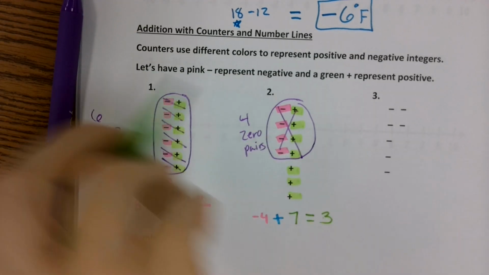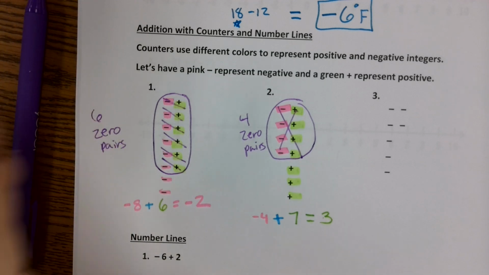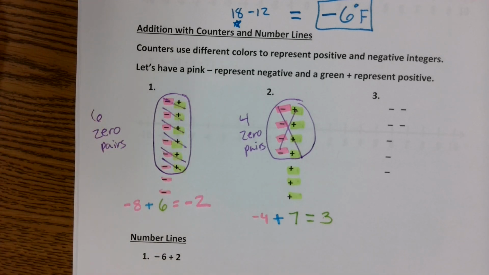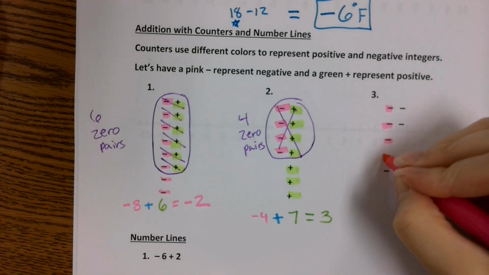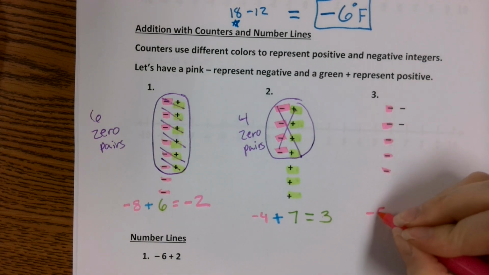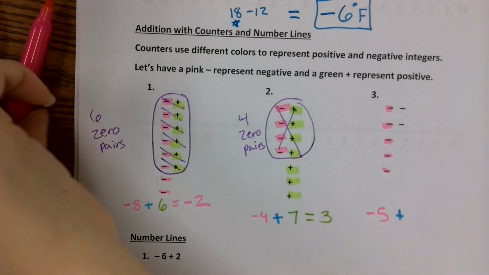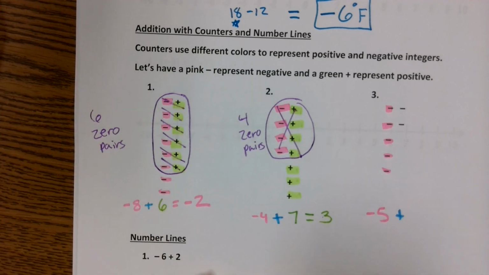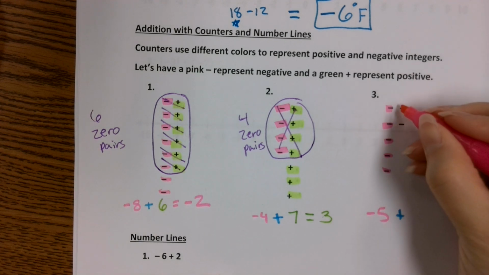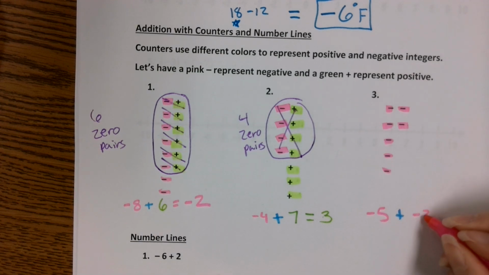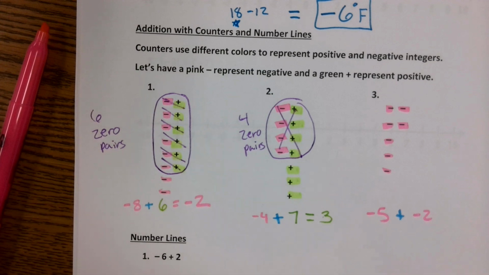Okay, what about problem 3? What's the first value that's being represented? Brittany? -5. Okay, we have 1, 2, 3, 4, 5 negatives. What's the second value that's being represented? Aya? -2, right? Don't forget your negatives. We have -2. Okay, how many 0 pairs are there?